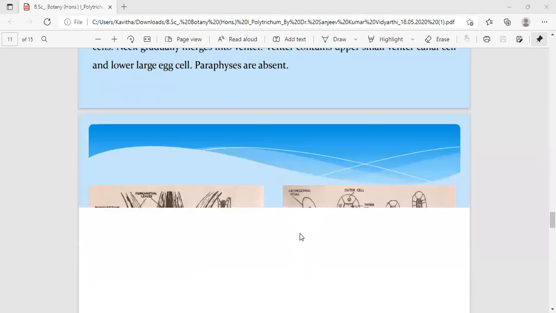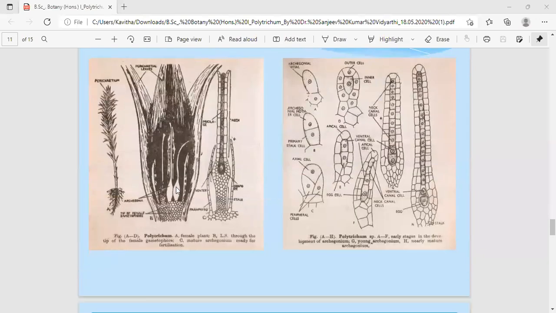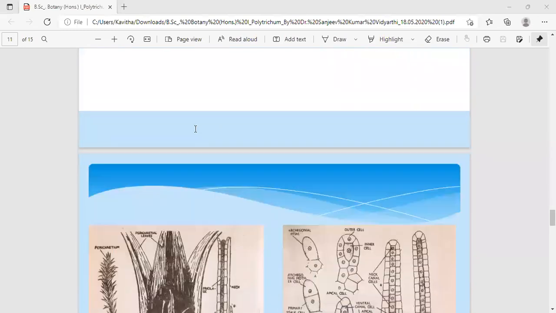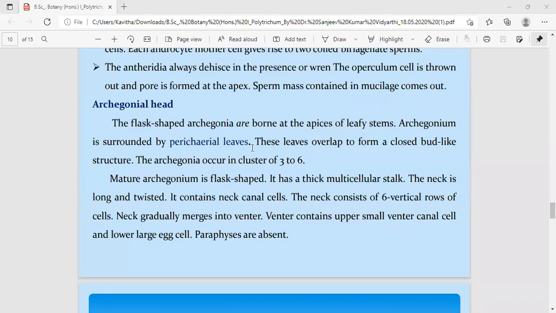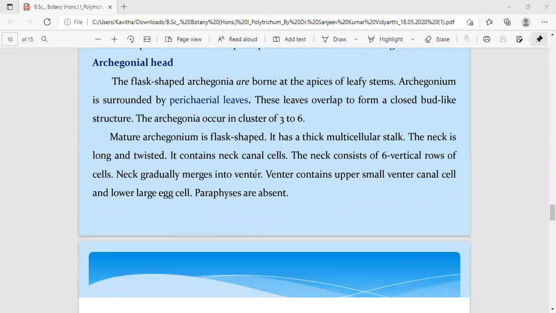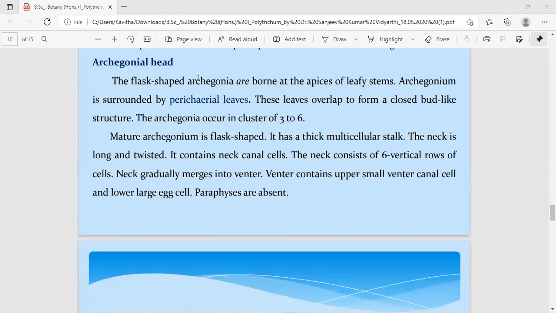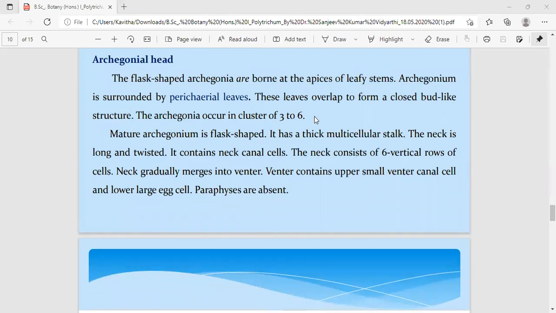In the center there are archegonia. And surrounding these archegonia, there are leaves which are spirally arranged, called perichaetial leaves. Now, each archegonial head comprises around 3 to 6 archegonia.